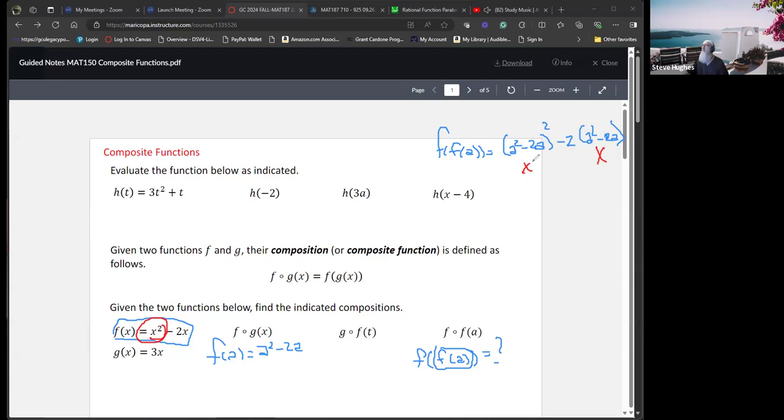All right, if I simplify this, I'm going to have to square this binomial.